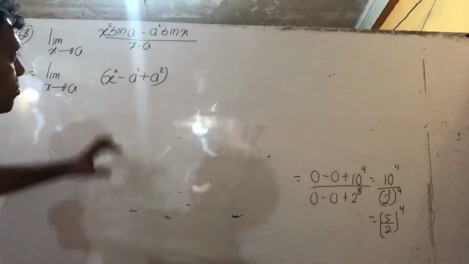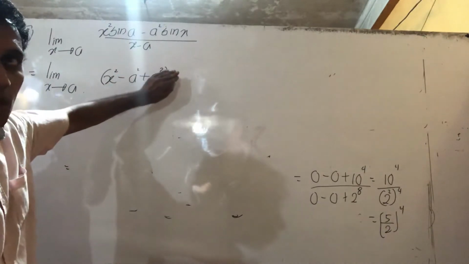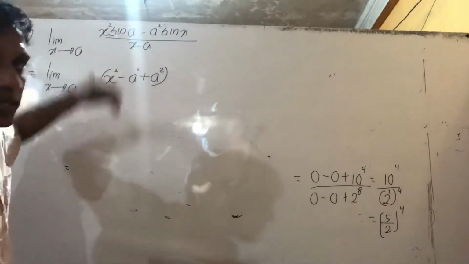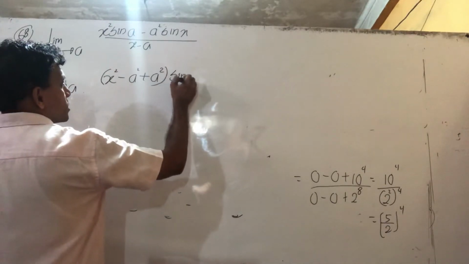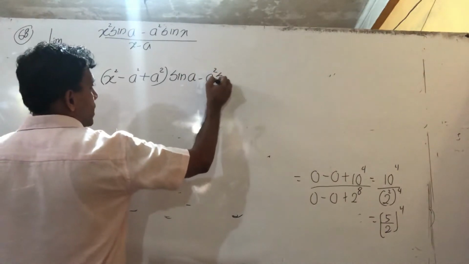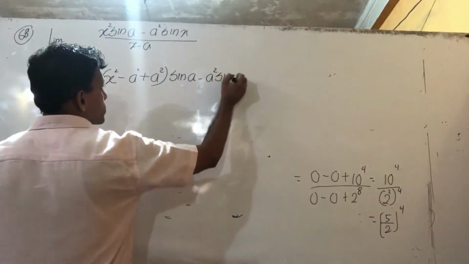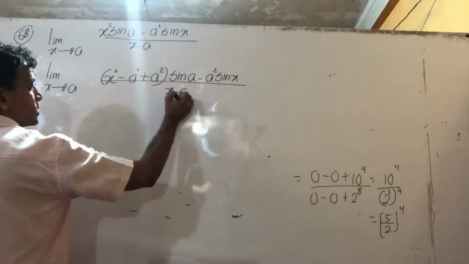The main important part is that x squared minus a squared plus a squared cancel, so the original expression is still available. Into sine a minus a squared sine x, over x minus a. Okay?